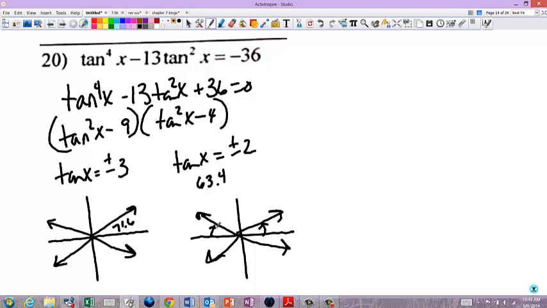So I would do 71.6, 180 minus 71.6, which is 108.4, 180 plus 71.6, which is 251.6, and 360 minus, so it's 288.4. And then this one is 63.4. 180 minus it would be 116.6, and I'm doing all 4 because it's plus or minus. 180 plus is 243.4, and 360 minus would be 296.6.